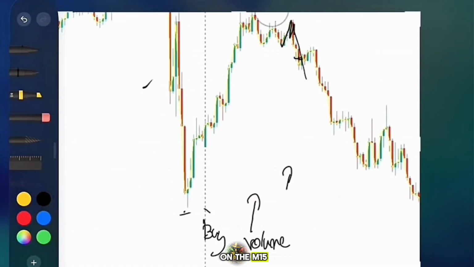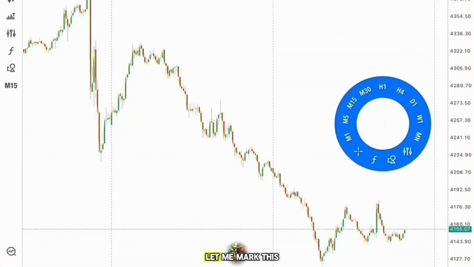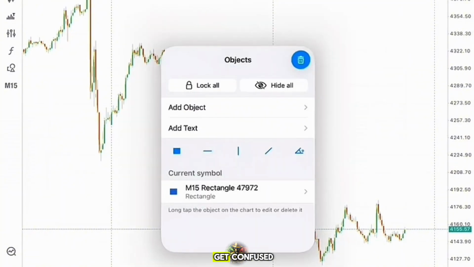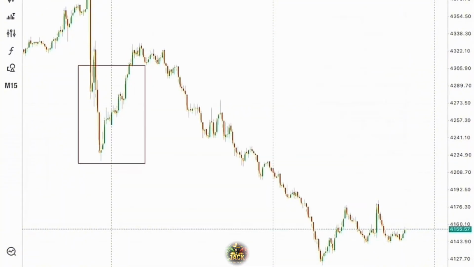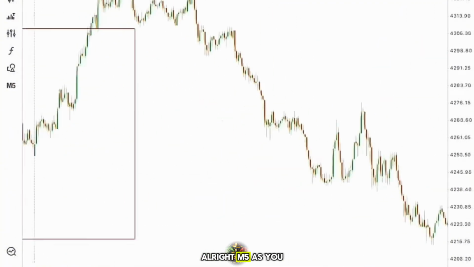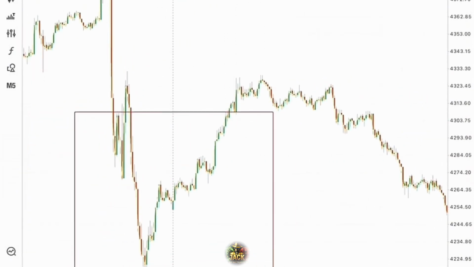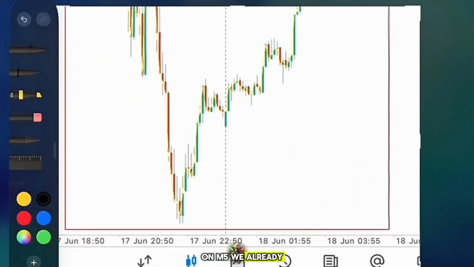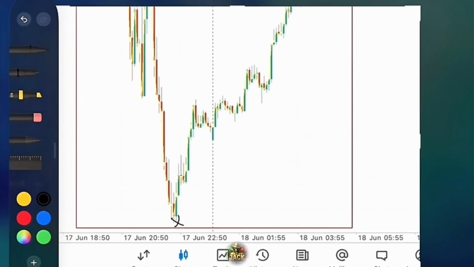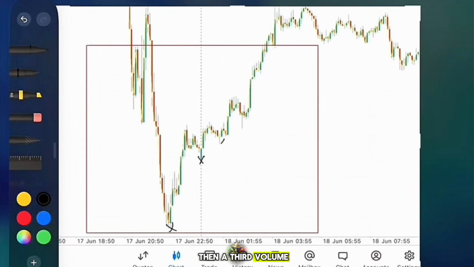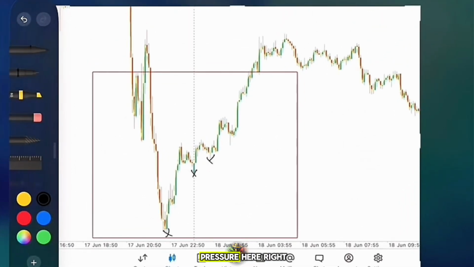Now, what structure we can see here, basically, is a bullish move. On the M15, it already indicates there's a volume, so we drop down to M5. Let me mark this area first before we get confused. As you can see here on M5, we already have first volume here, second volume here, and then the third volume followed up with a pressure here.